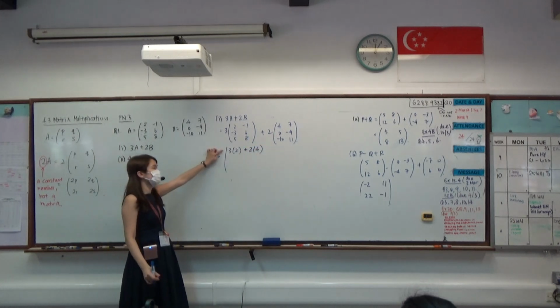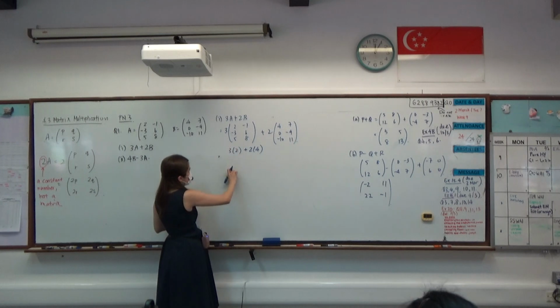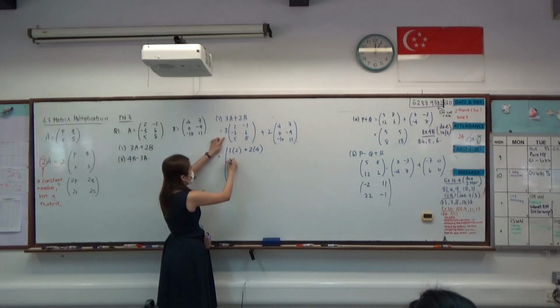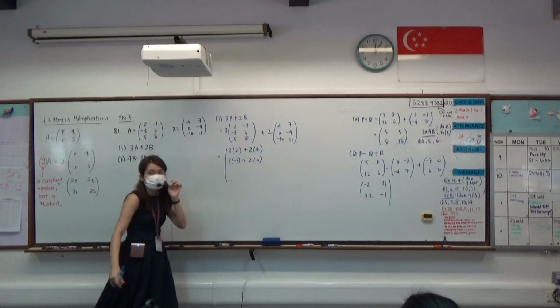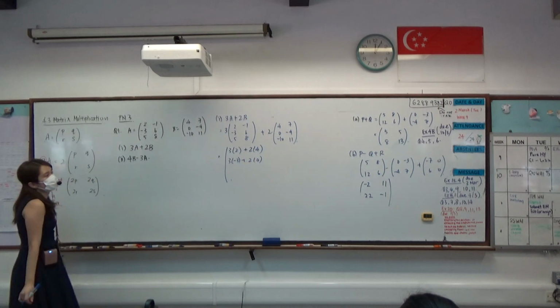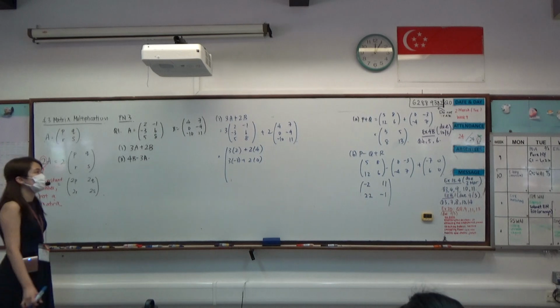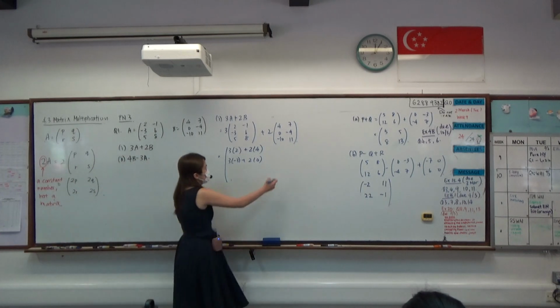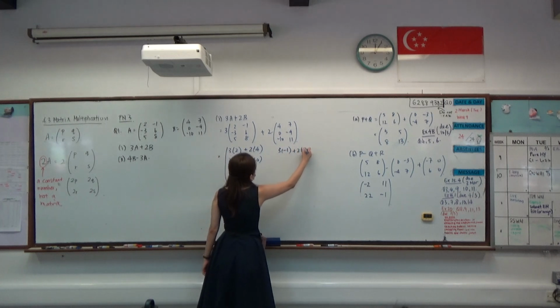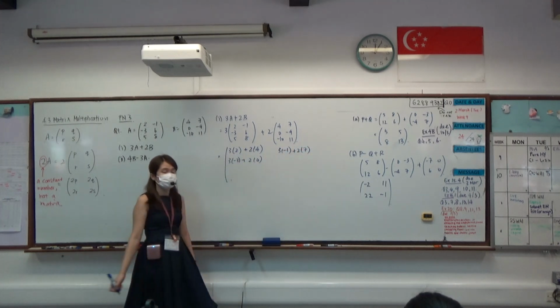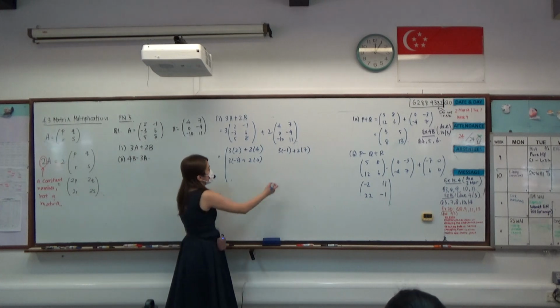for the first element. We are going to be getting a 3-by-2 matrix at the end. Then 3 times -3 plus 2 times 0. I'm just showing out the working so they understand my thought process. You could use your calculator to press it very quickly. Just that if you were to write the working, make sure that you leave sufficient space between the elements so that you don't get yourself confused.